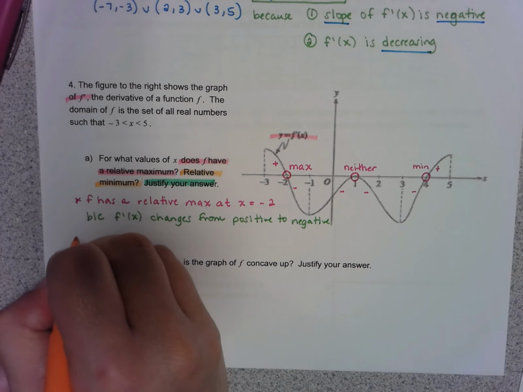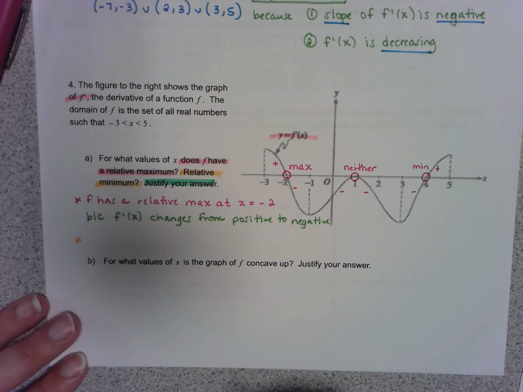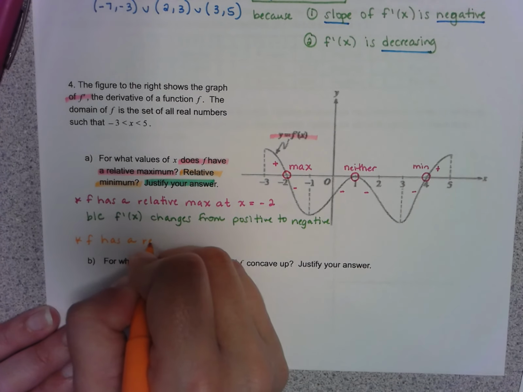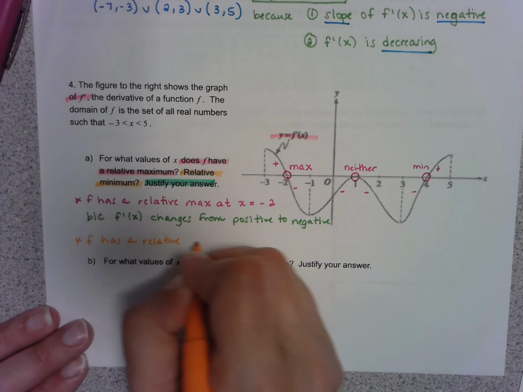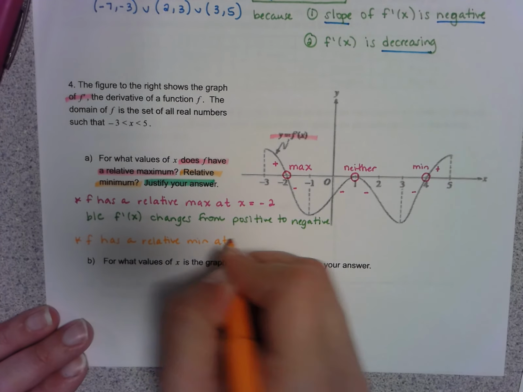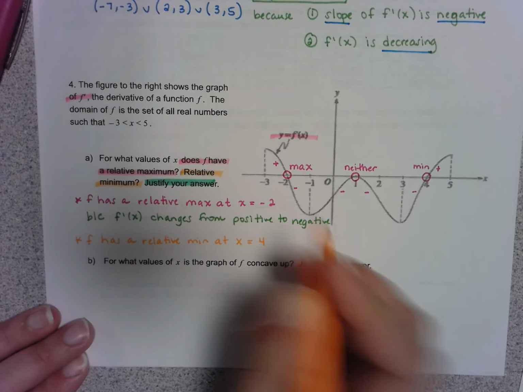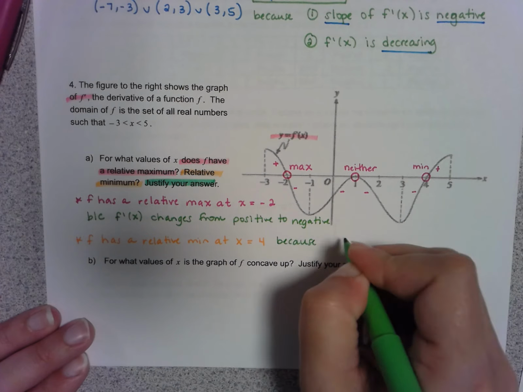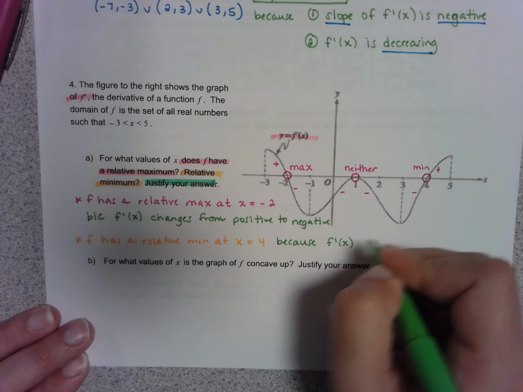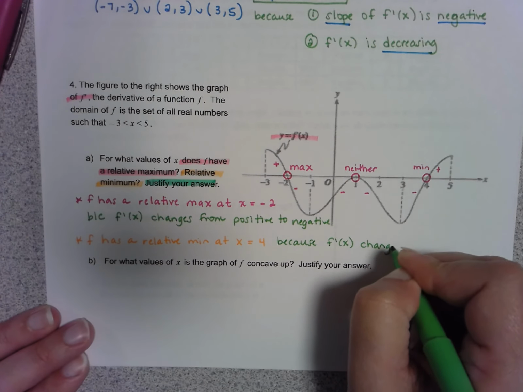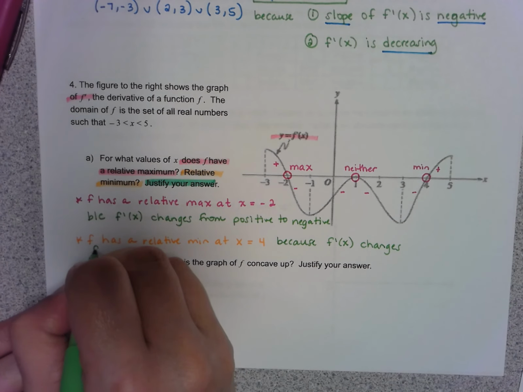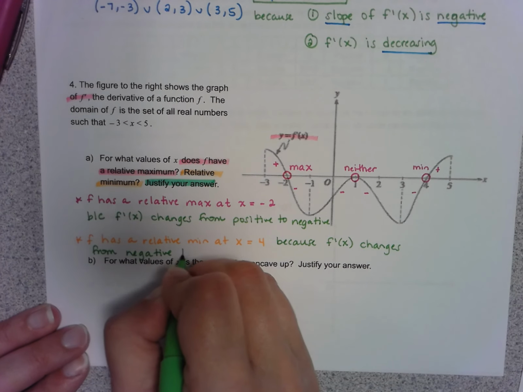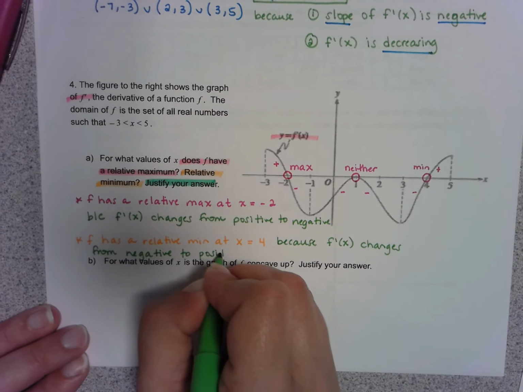Now, the second part of this question says, where does f have a relative minimum? So we would say f has a relative minimum at x equals 4, and we would say because f prime of x changes from negative to positive.